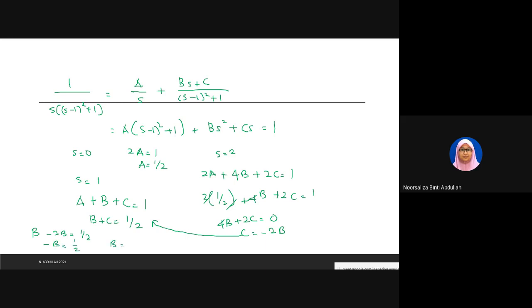Sorry, b equals to minus 1 over 2, and c equals to minus 2 times minus 1 over 2. c equals to 1.